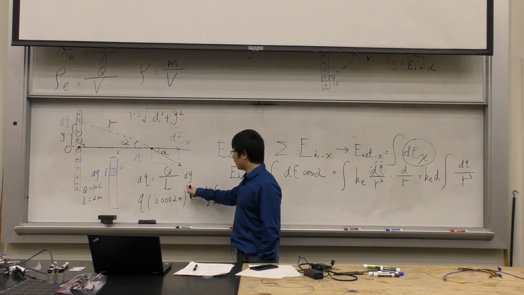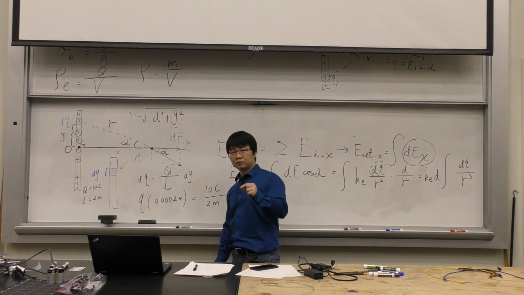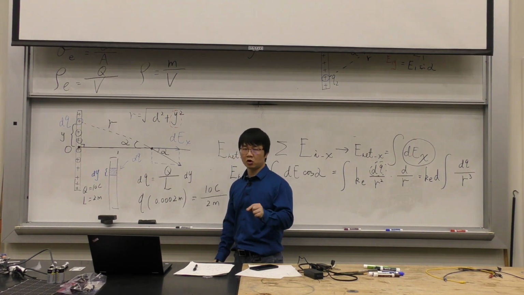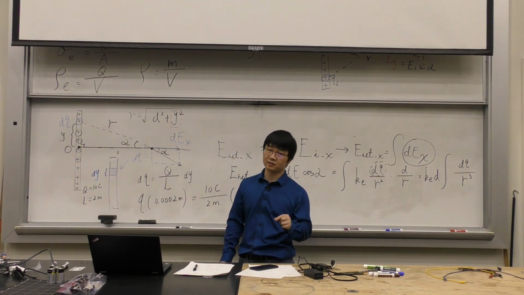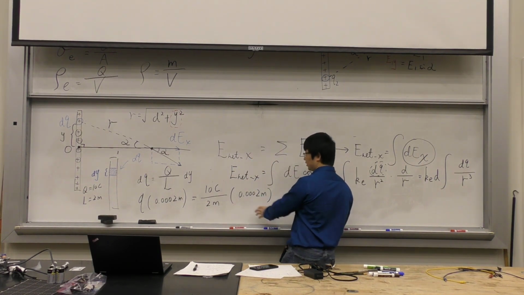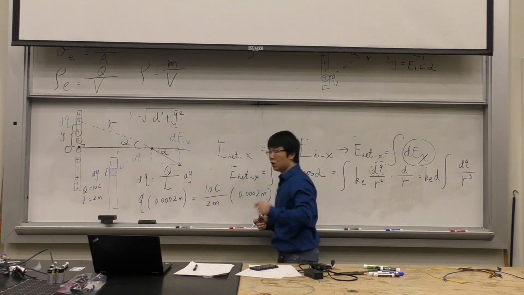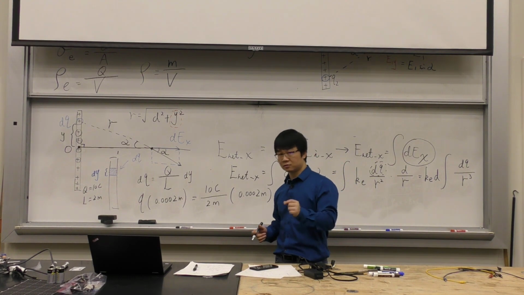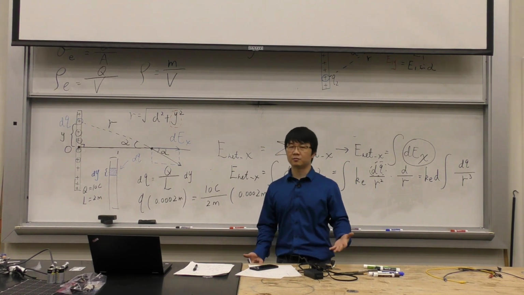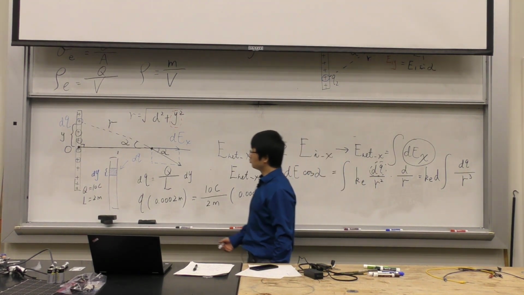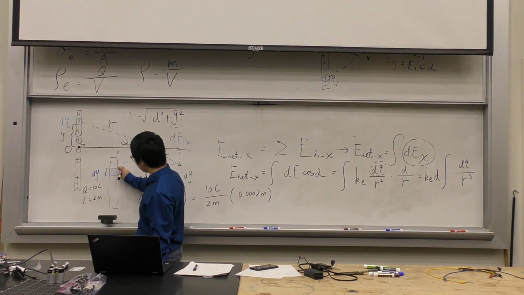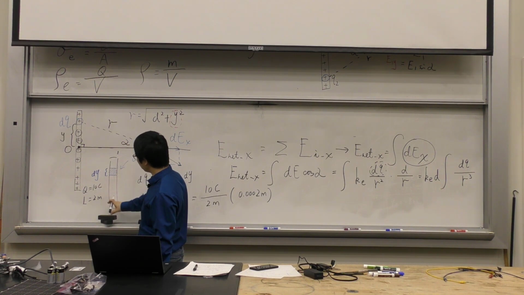And this dy is a symbol for infinitesimal length. We don't use these numbers, but you can think of this dy as like 0.000000001 meter or something like that. I'm still asking you to find the amount of charge on a very, very small piece I pick on this whole rod.